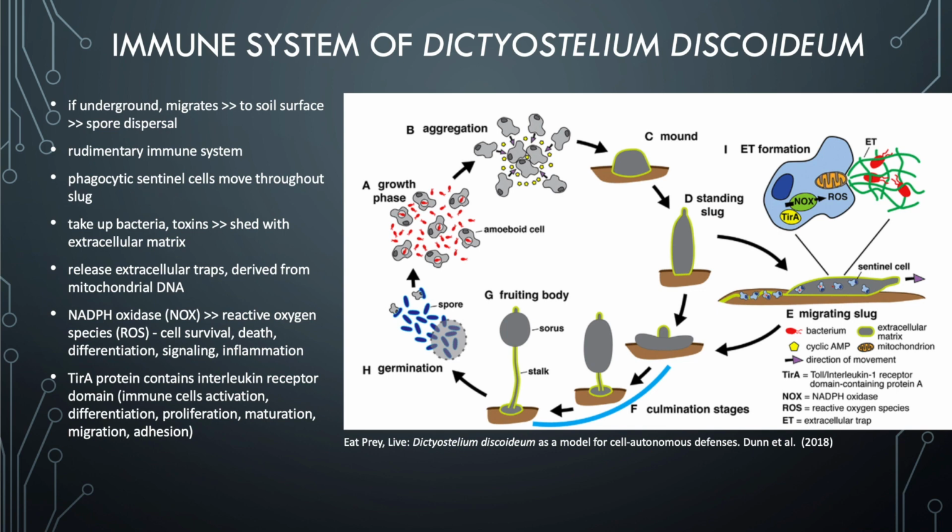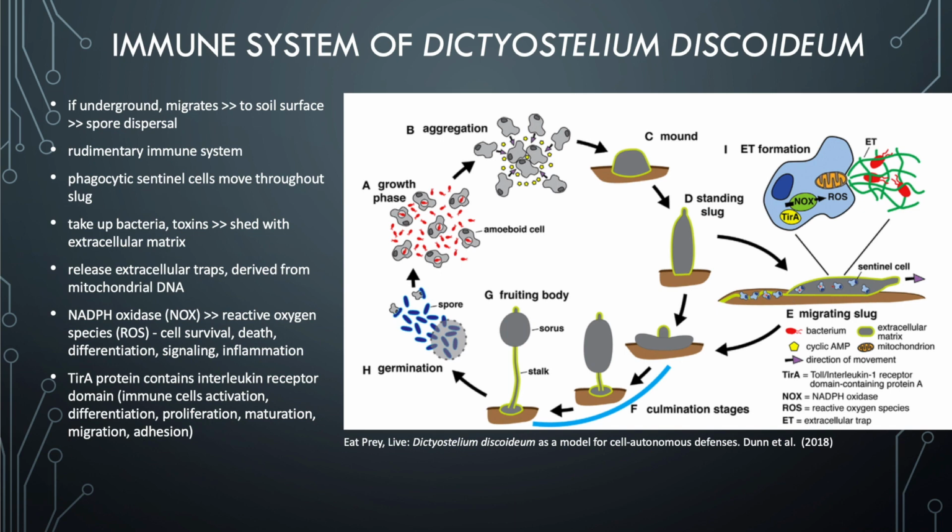The word sentinel cells describes any cell type that plays a prominent role in host defense by being aware and sensitive, designed to sense and monitor the presence of any injurious substances, materials, or organisms, and to alert the rest of the cells or the rest of the body to their presence so that an immune response can be launched. So just like our bodies have sentinel cells, so do these slugs.